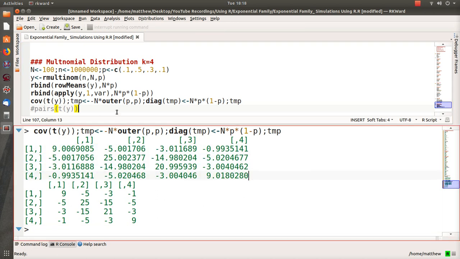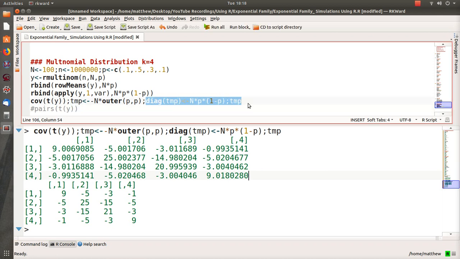Now when I calculate the theoretical results, I use the function outer, but then that kind of messes up the diagonal elements, so I had to re-put in what the diagonal element variances are, and then I printed them. And if you look at these, they're right on top of each other. They're almost identical. So the simulated results do equal the theoretical results.